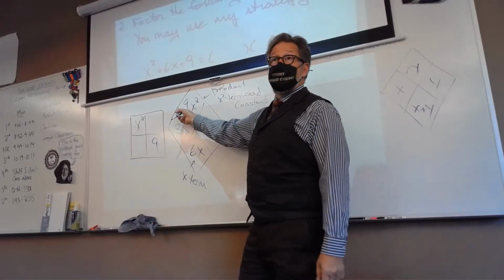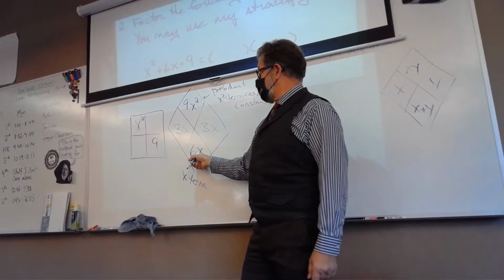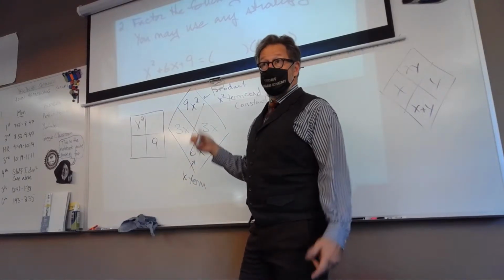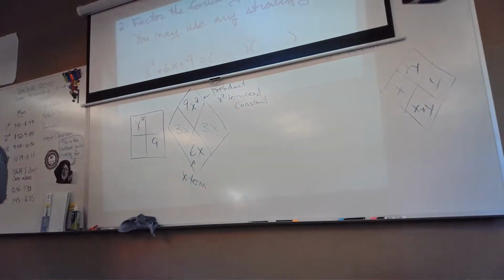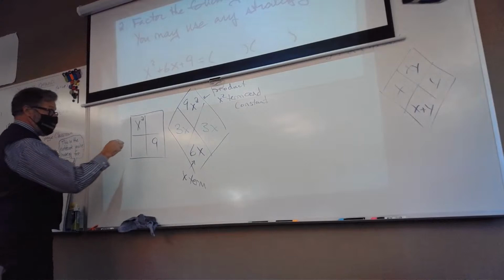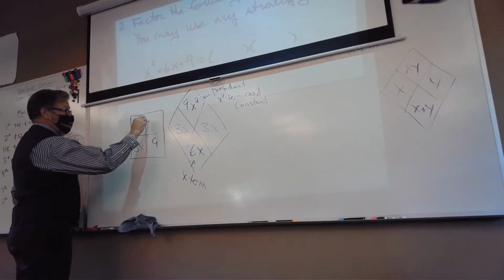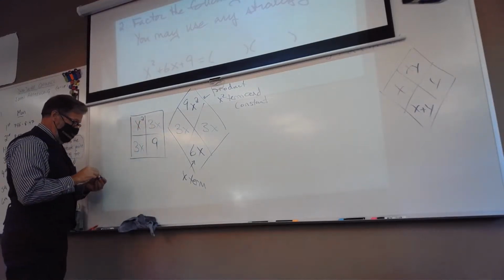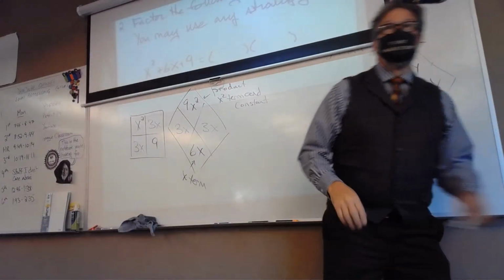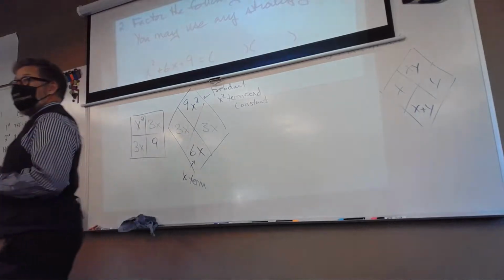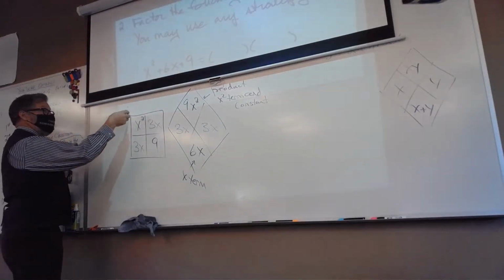So it multiplies to 9 and adds to 6. We've got 3 and 3, and of course we have to have x's in them. Cool. Josie, continue. 3x goes in the square, and then on the side, the x3 and x3.